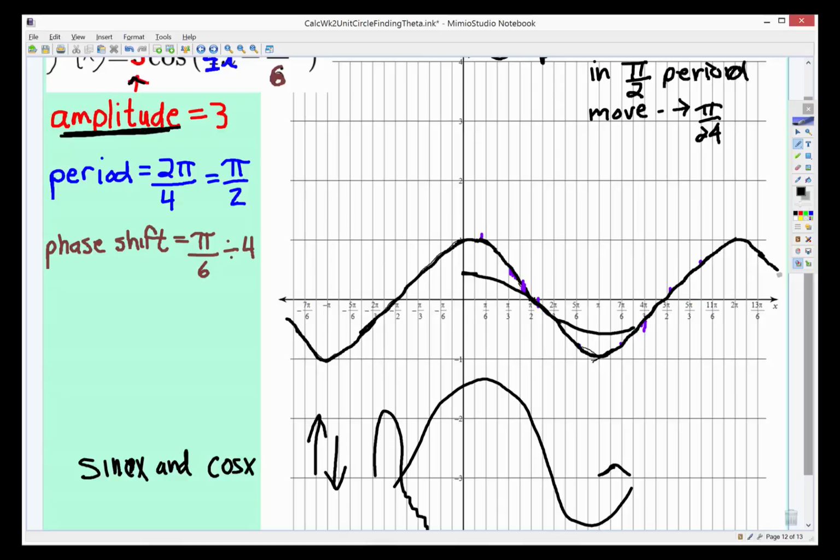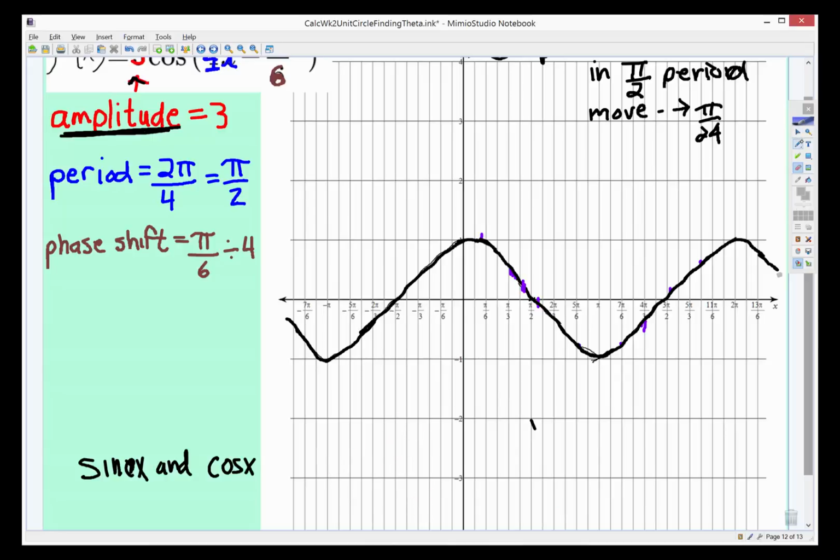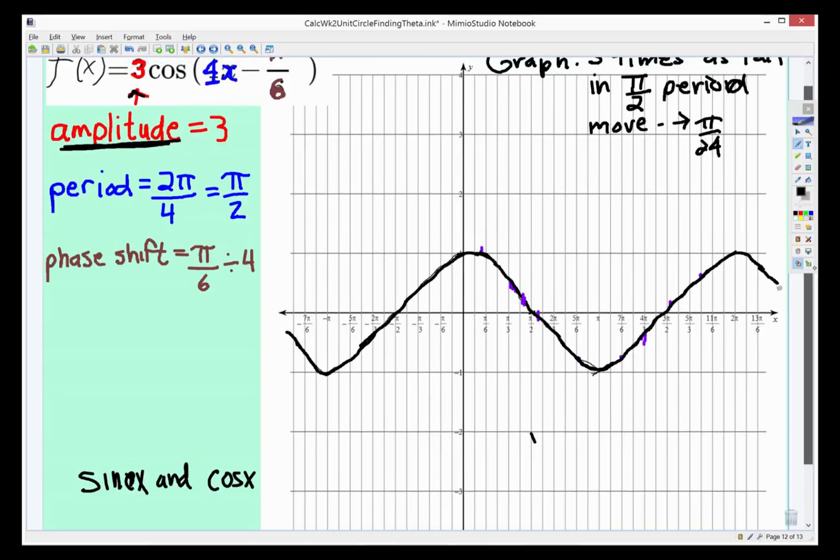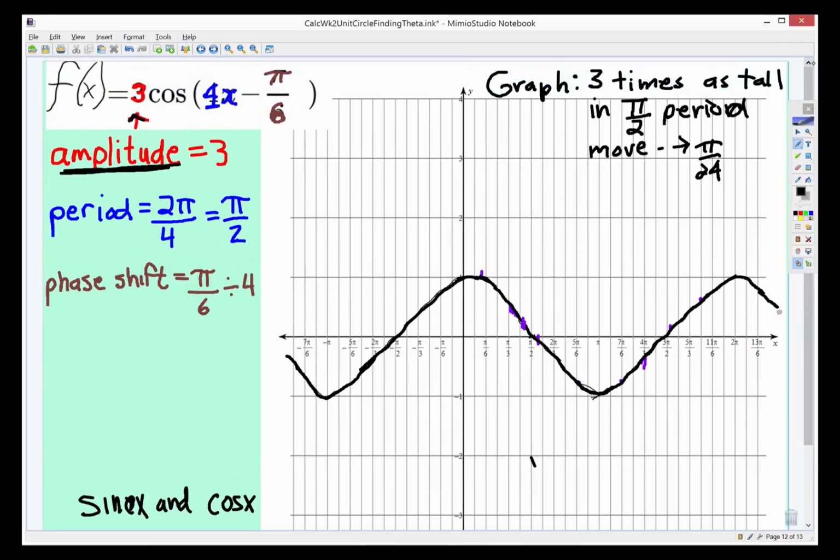It looks something like that. Okay. Let me get rid of these things down here. So, amplitude is the tallness or shortness. It doesn't increase how many waves or where it's moved to, just how tall or how short the original graph is.